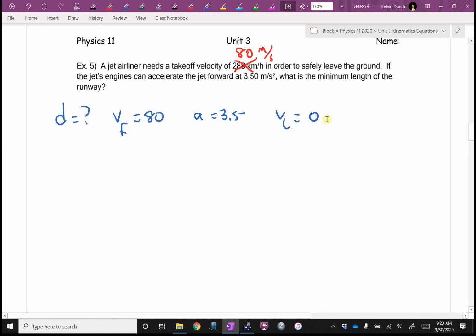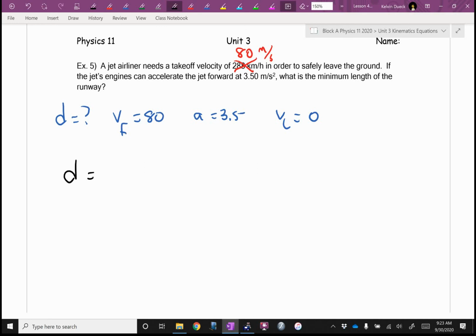Which equation? Yeah, you. Stop. Get the D by itself, please. I got that. D equals. Thank you, Captain Obvious. Let's keep going. Sorry?